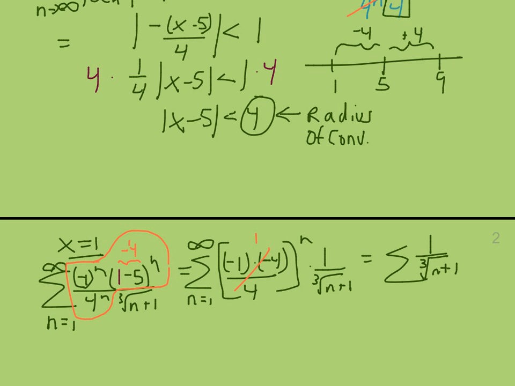And what we could do is just state that it is similar to a p-series, the plus 1. We could do a limit comparison test, but we'll just say that it's a divergent p-series.